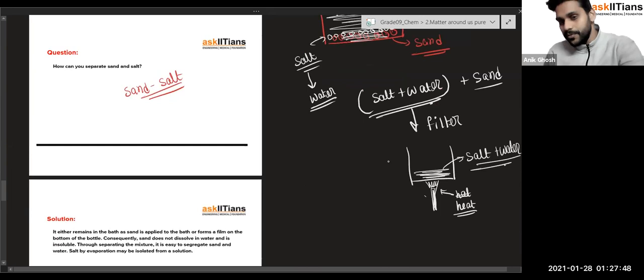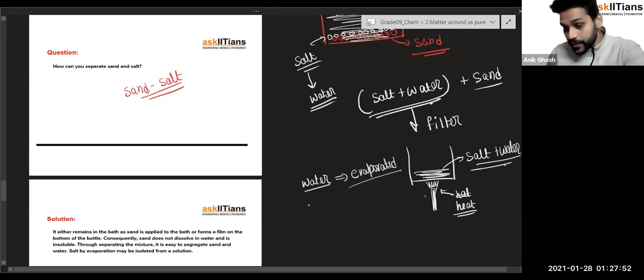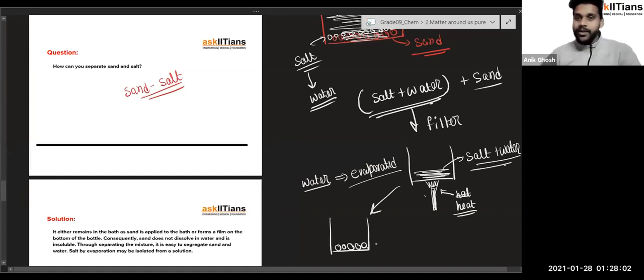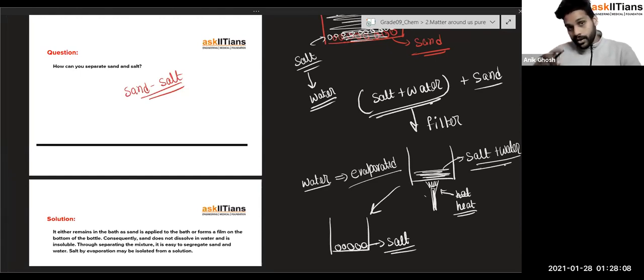Got my point? So there are so many methods we are using, isn't it? So in this beaker, we would have only the salt particles. Are you getting it? So there are 3 steps we are using. First, we are using water, addition of a suitable solvent.